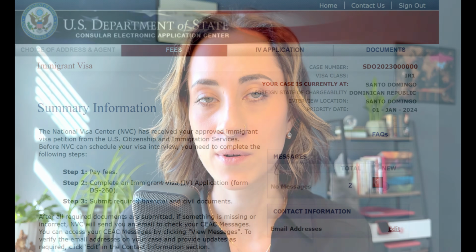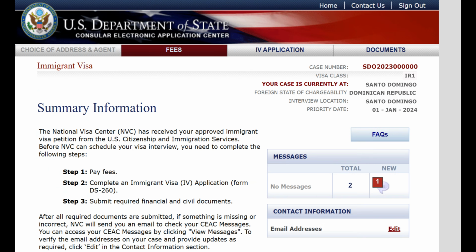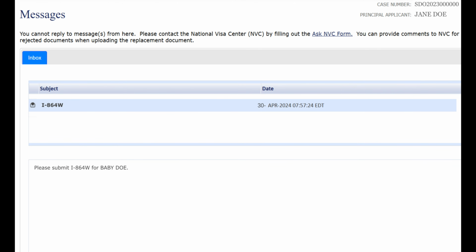A lot of applicants do end up just submitting the regular I-864 form for their children, and that is not really a mistake. USCIS will still process your case and will accept the regular I-864 form. When it comes to the consular process, the NVC is actually pretty good about notifying applicants when they should be submitting I-864W for minor children applicants.